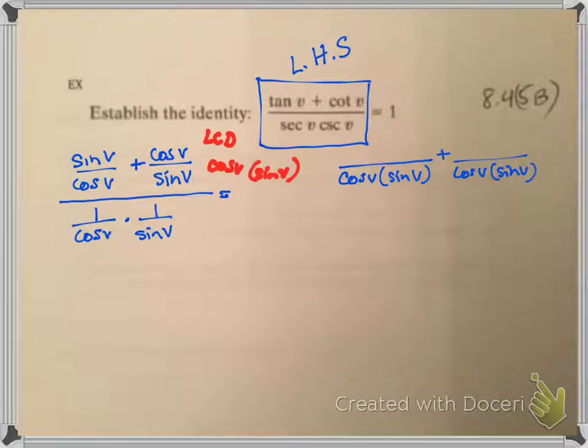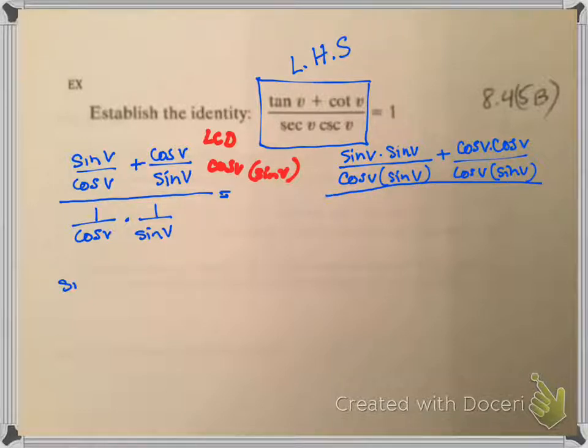And in the numerator, I had sine v initially, and now I've multiplied the denominator by sine v. So now I have sine v times sine v in the numerator. The second one, I had cosine v in the numerator. So now that I've multiplied cosine v by the denominator, I have to multiply cosine v by the numerator as well.